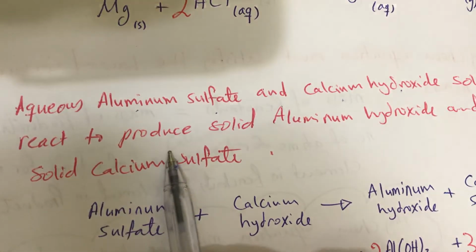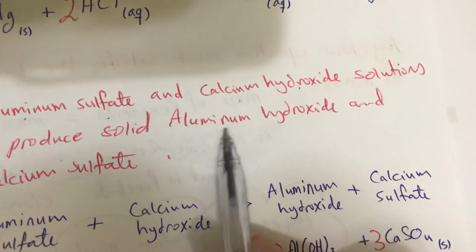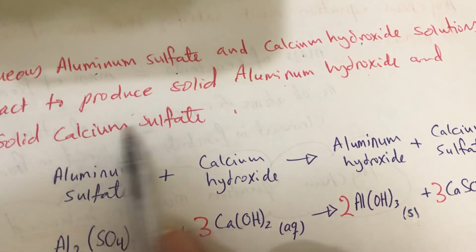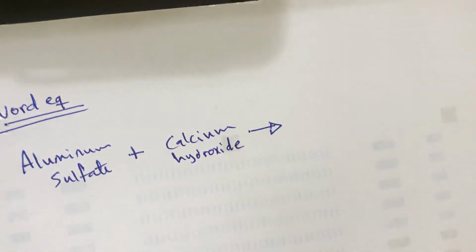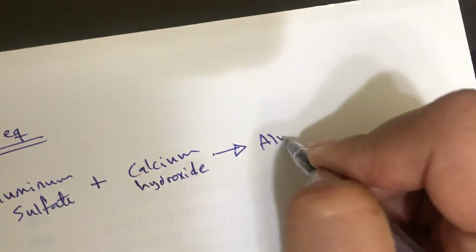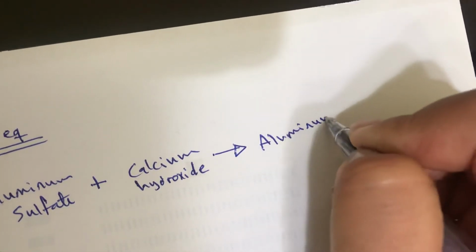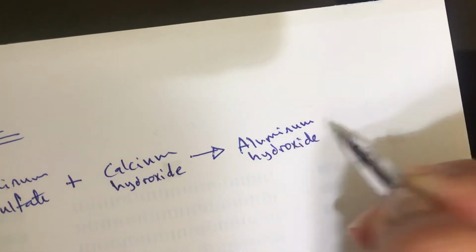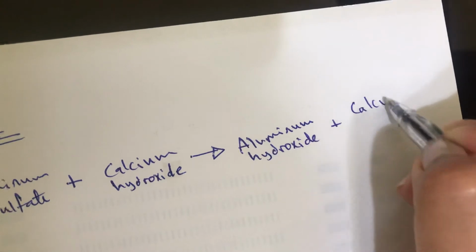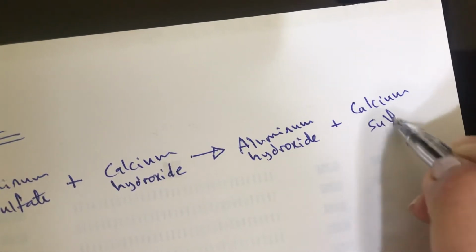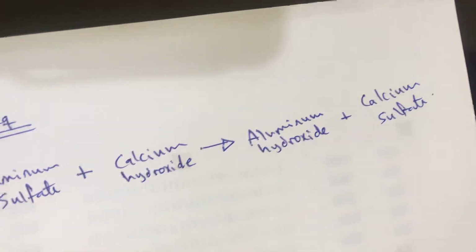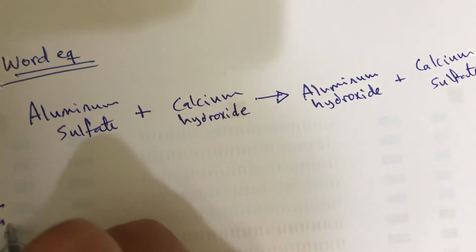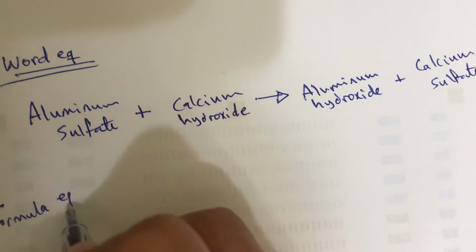To produce solid aluminum hydroxide and calcium sulfate. So aluminum hydroxide and calcium sulfate. So now you have to write the formula equation.